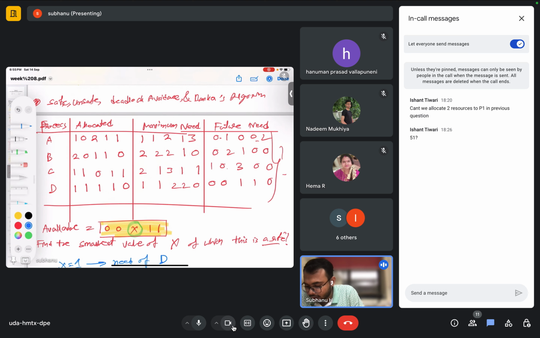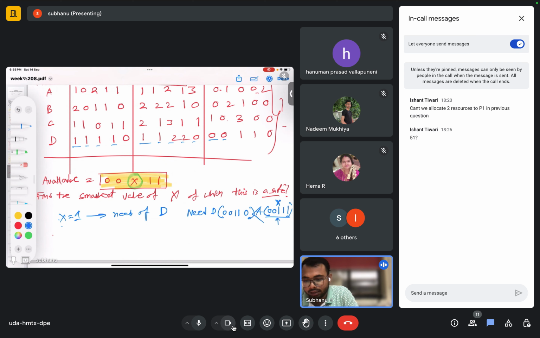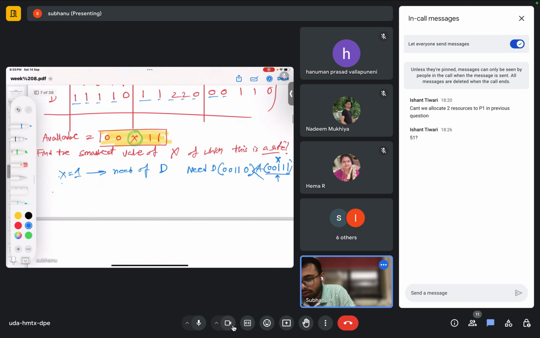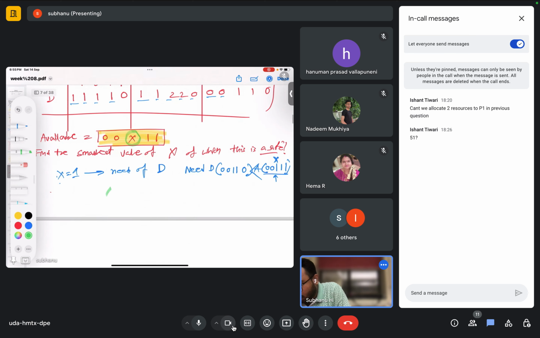So available is greater than the need. Allocated for D is 1 1 1 1 0, and what is the new available?